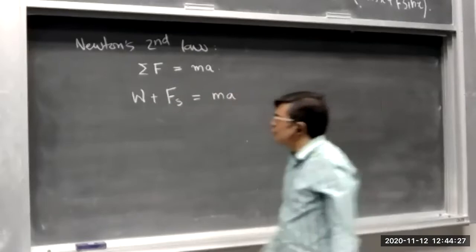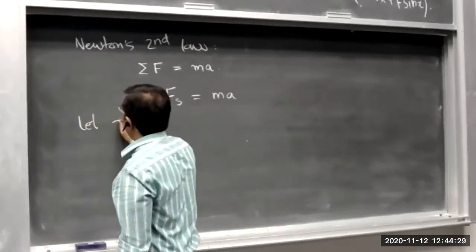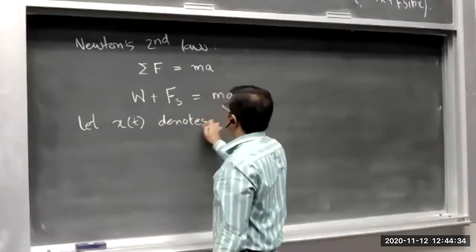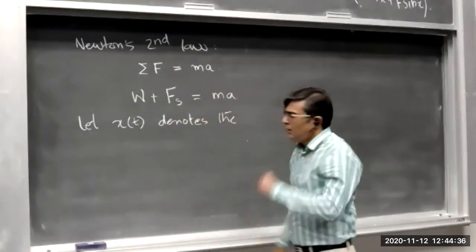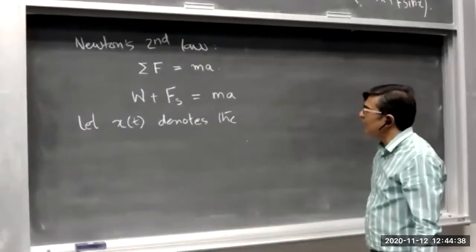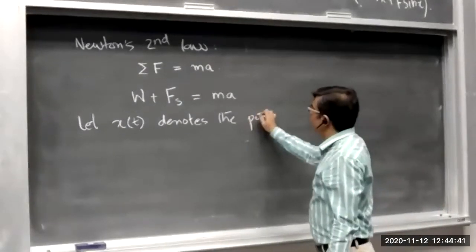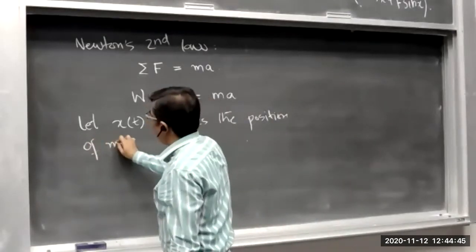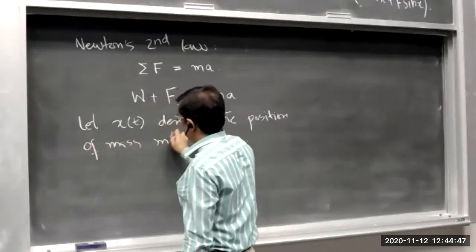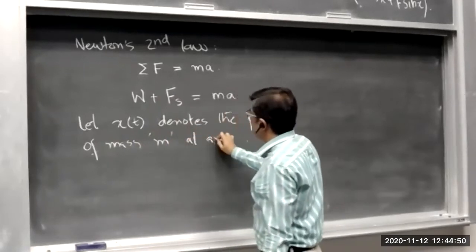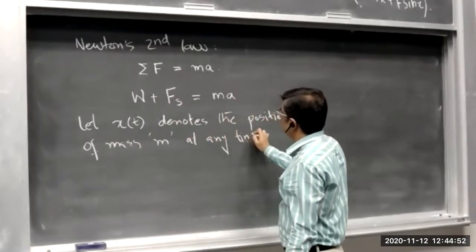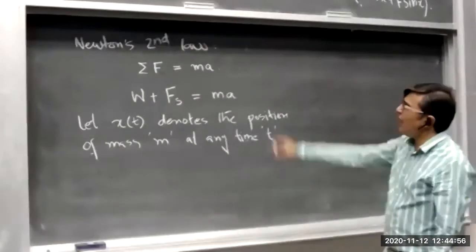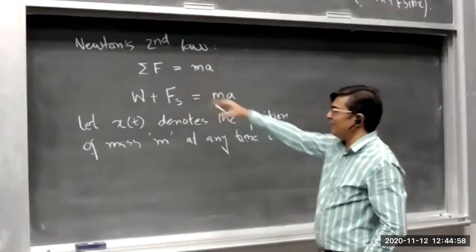Let x of t denote the position of mass m, which is moving, at any time t. This is how we are going to use Newton's second law.